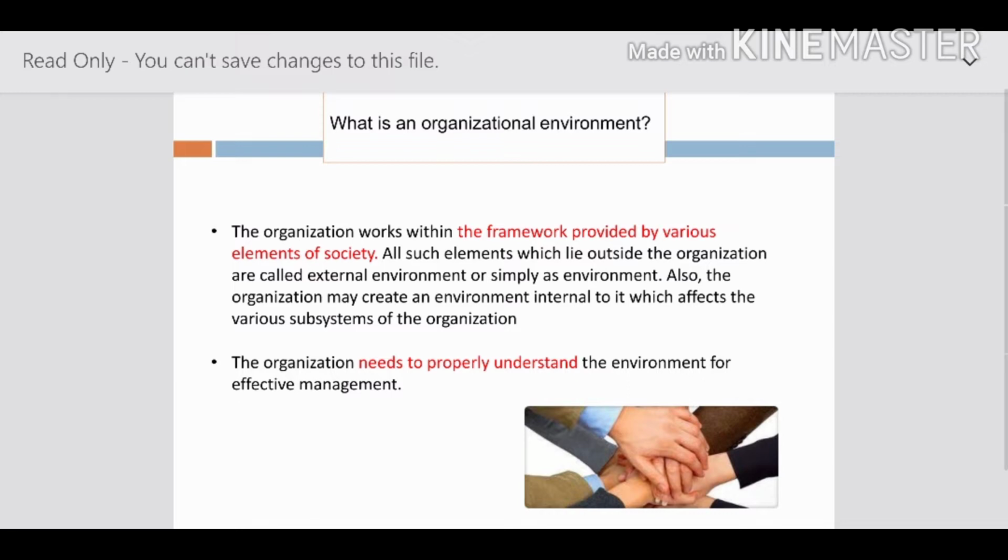Talking about the external environment, it includes politics, technology, as well as economic positions, even sociology and culture. So these are all the external environment which needs to be analyzed.